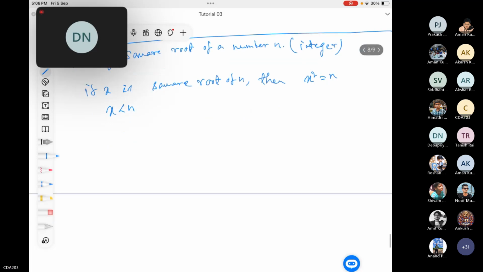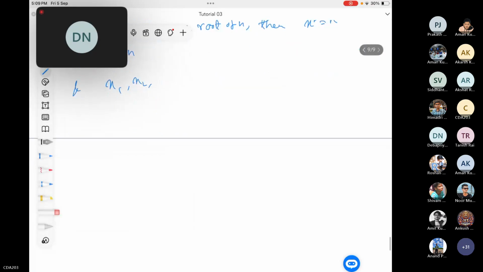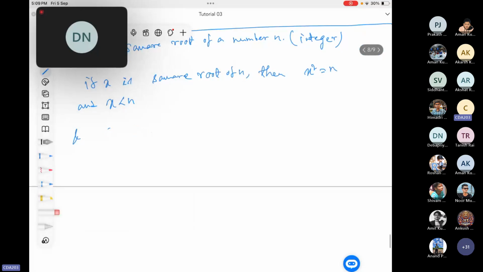And if you take two numbers x1 and x2, and you square them, x1 square and x2 square, let's say you consider two numbers x1 which is less than x2. Okay, so it's easy to see that x1 square should be less than x2 square, right?